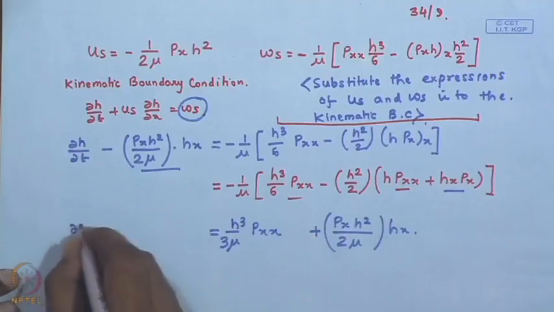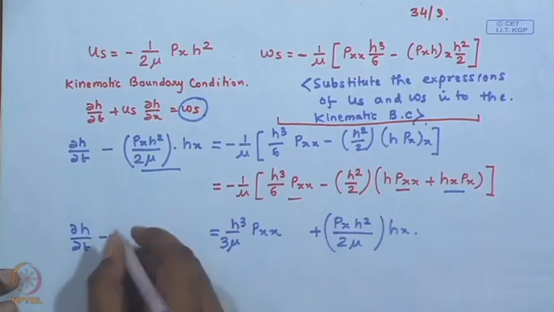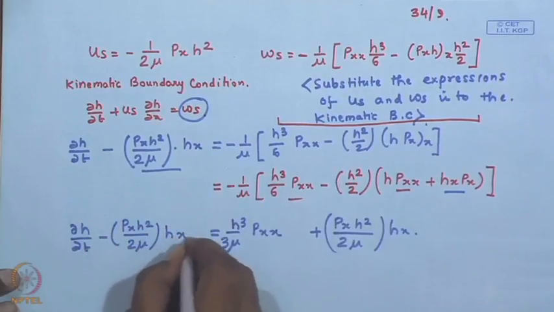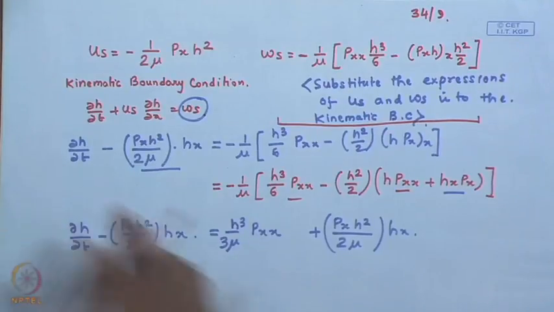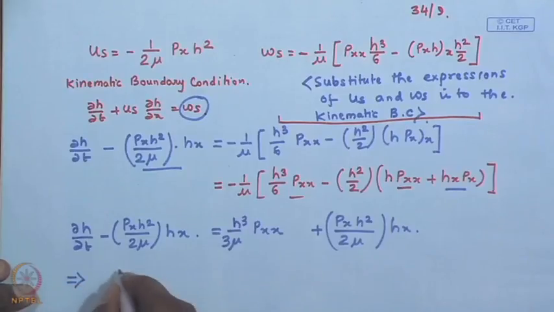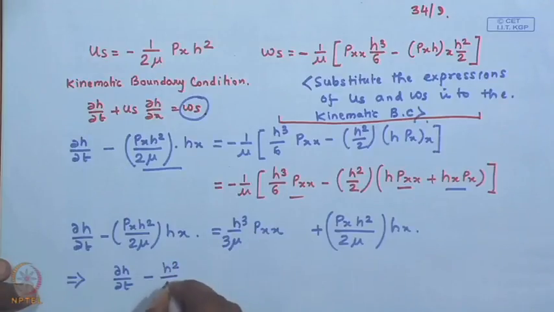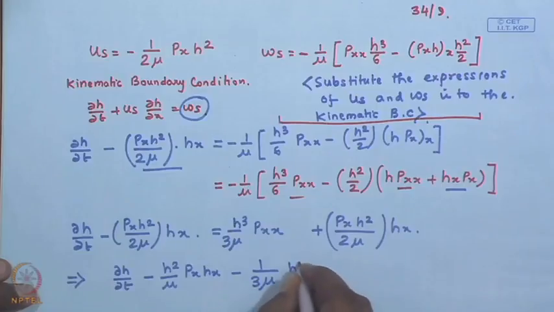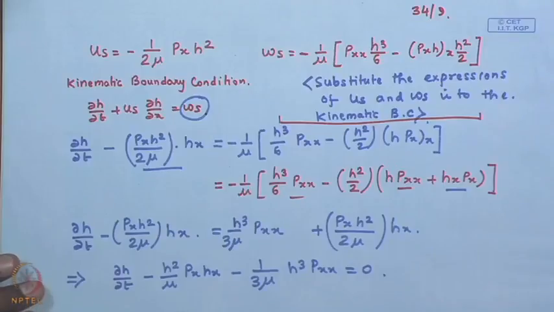So, this is what you get: ∂h/∂t minus px h²/2μ into hx is this. So, you do a transposition and you get ∂h/∂t minus h²/μ into px hx minus 1/3μ h³ pxx is equal to 0.